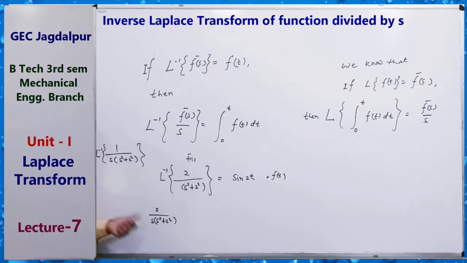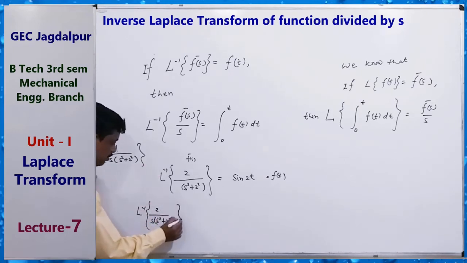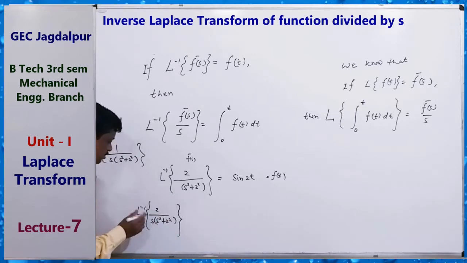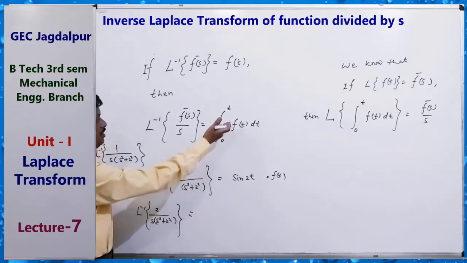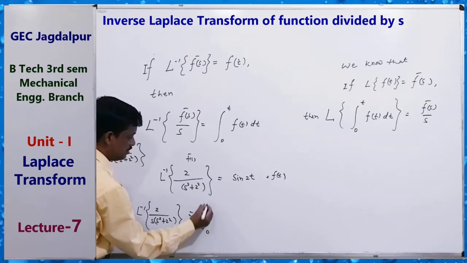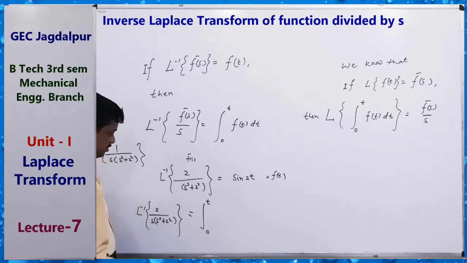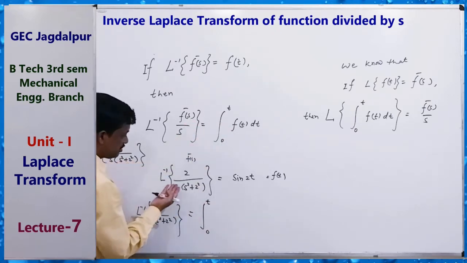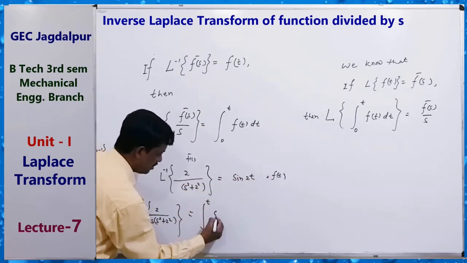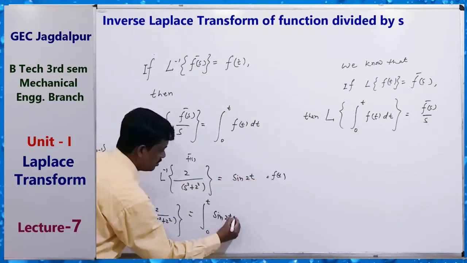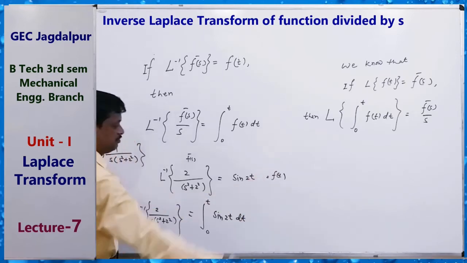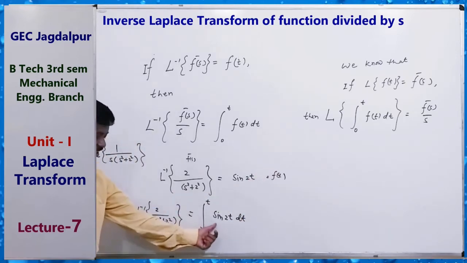s by s, the inverse Laplace transform of this will be what? Integration 0 to t of Ft dt. Ft means sine 2t dt. So now we can integrate it.